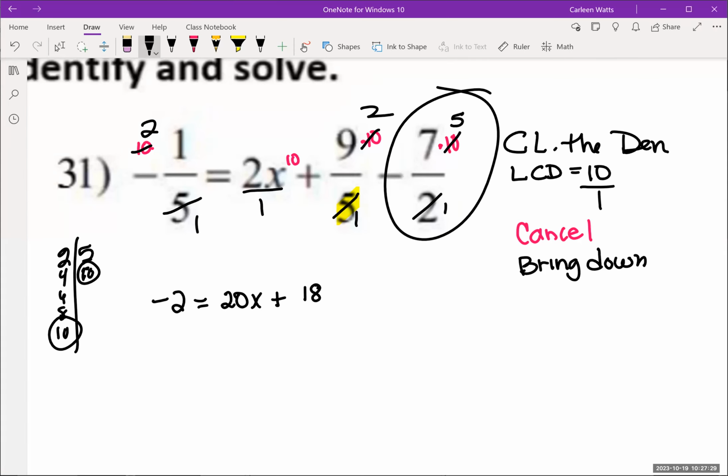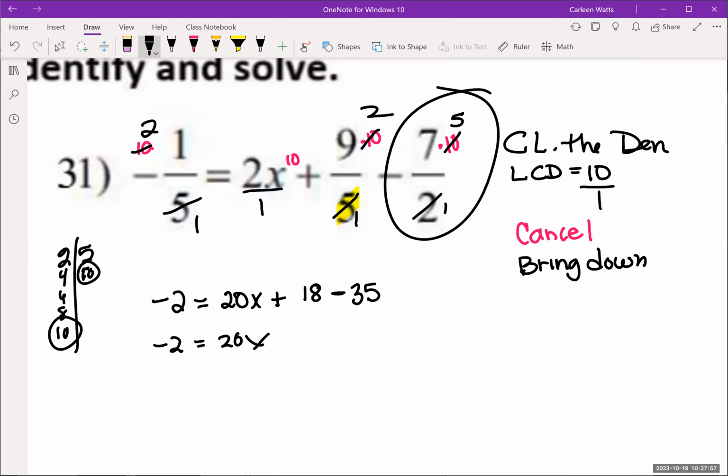And this right here becomes how much? All right, 35. Okay, so -2 is equal to 20x.